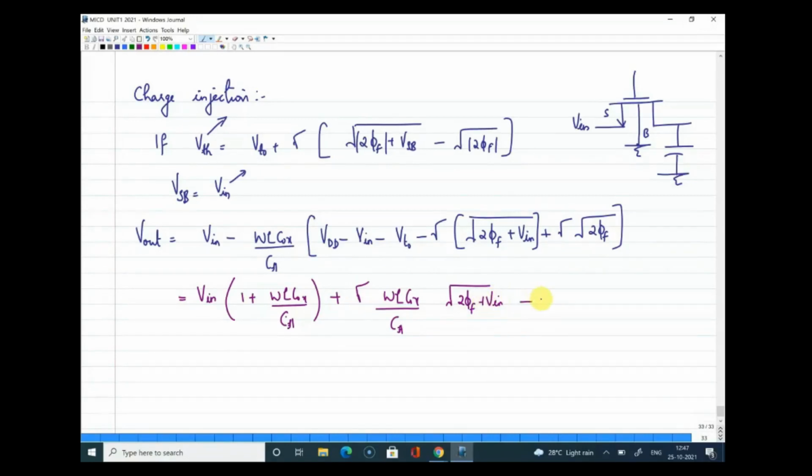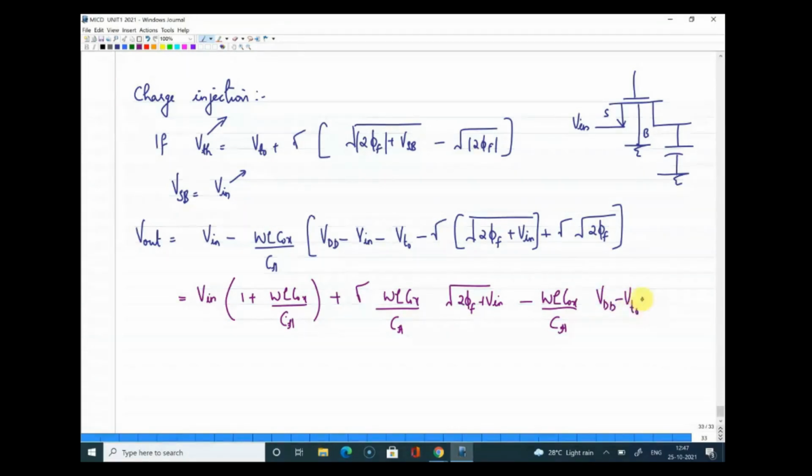And again, I have one more term there, which is WL Cox by Ch into, again the gamma term is along this 2 phi f, with this minus Vt0 plus this gamma into root of 2 phi f. So what I have done is just written it as it is.